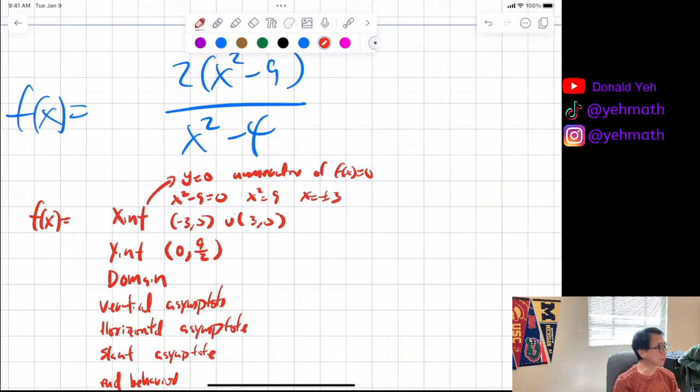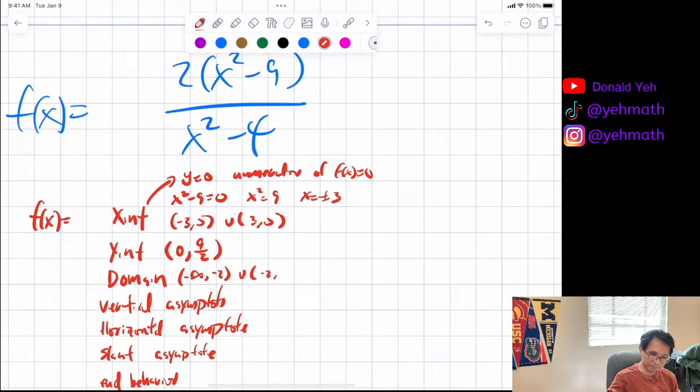Domain. How do you figure out domain? There are 2 things that you need to pay attention to for domain. Either the denominator cannot equal to 0, or the inside of the radical has to be greater than or equal to 0. So in this case, where's the domain at? It's negative infinity to negative 2, negative 2 to 2, and 2 to infinity.